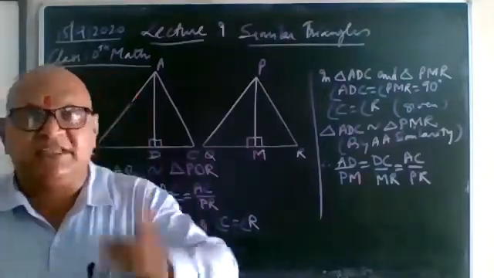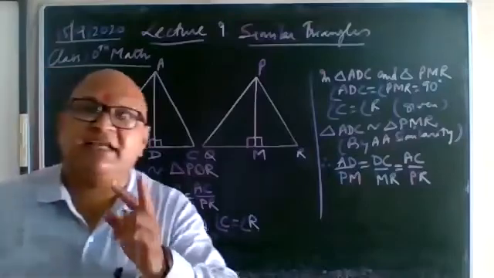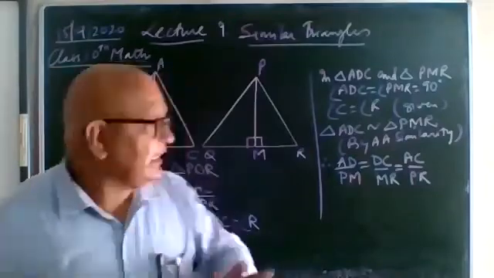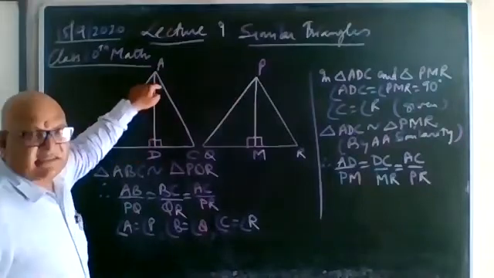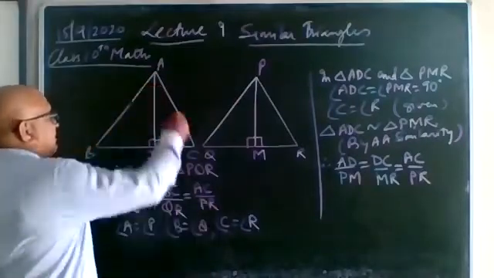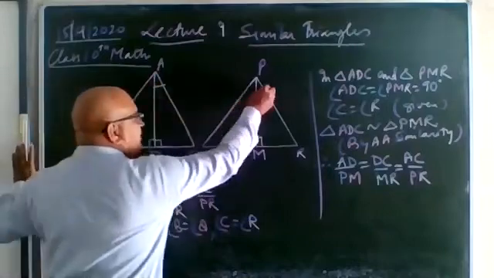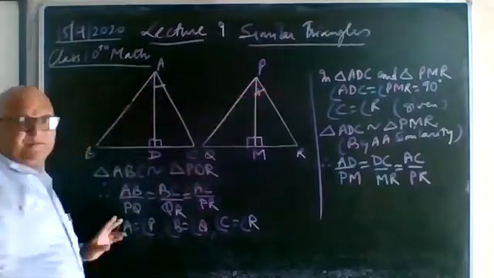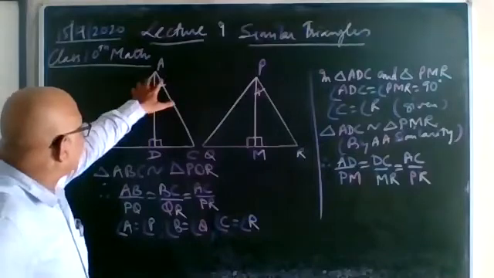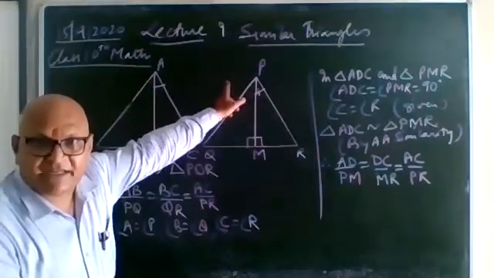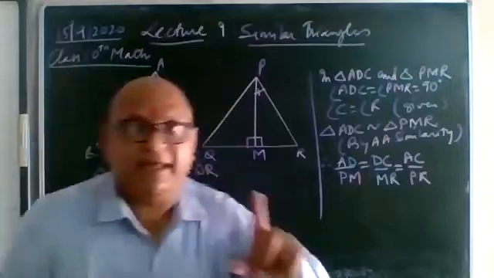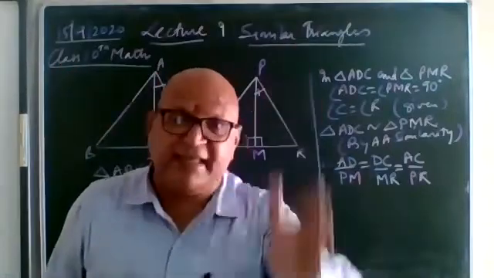But in case of angle bisector, if I say AD is angle bisector, then what you will say? This angle and this angle will be equal. But angle A is equal to angle P. Full angles are equal. So angle bisector bisects the angle.